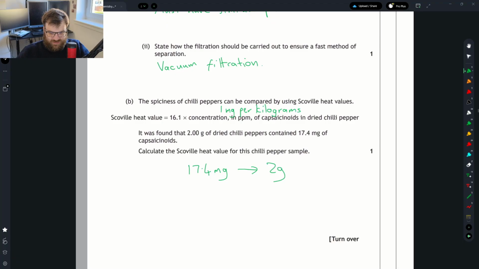That means that I want to scale this up to 1,000 grams, which is the same as 1 kilogram. So if we divide by 2 first of all to get down to 1, and then times it by 1000, that gives us 8700 milligrams. And because that's the milligrams per kilogram, that will be 8700 parts per million.